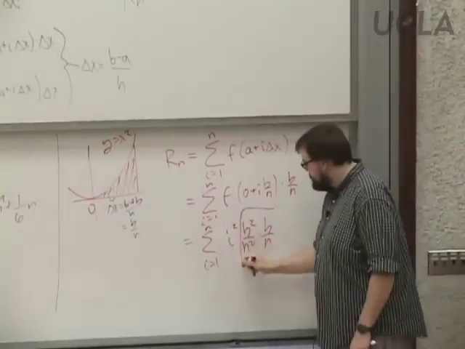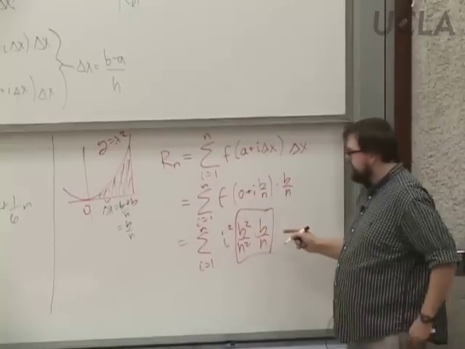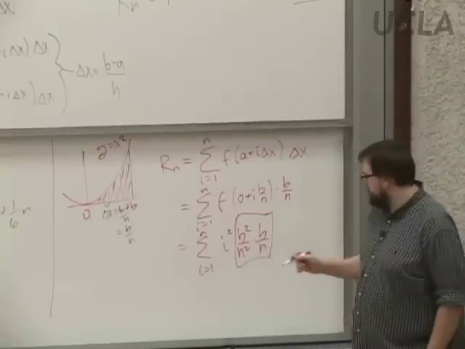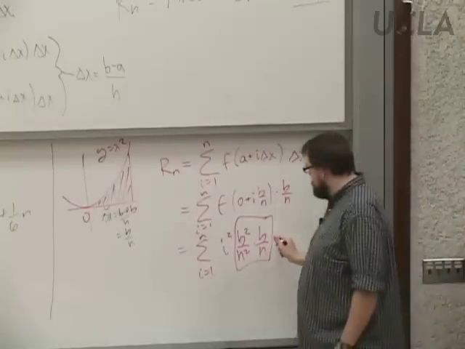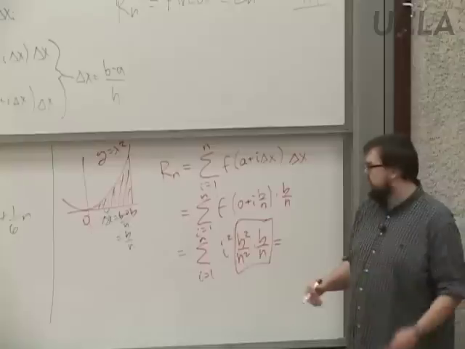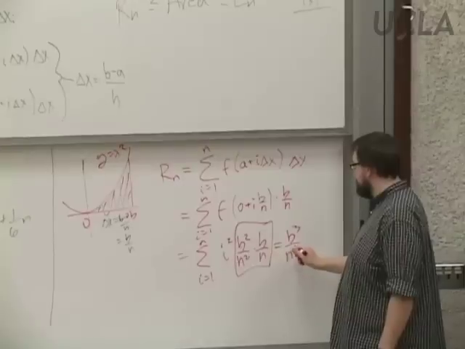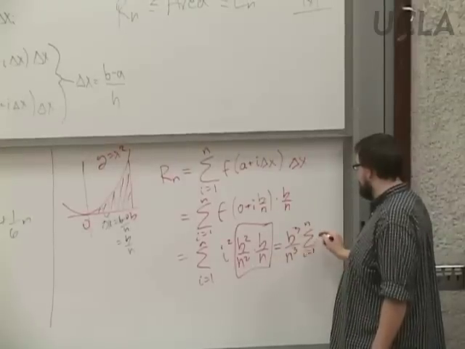Now, notice that b squared over n squared times b over n does not depend on i. And our sum is indexed by i. So that means that really this is a constant. And whenever you have a constant inside of a sum, you can pull it out. This is essentially factoring out a common term. So I'm going to pull it out in front. b cubed over n cubed times the sum i equals 1 to n of i squared.